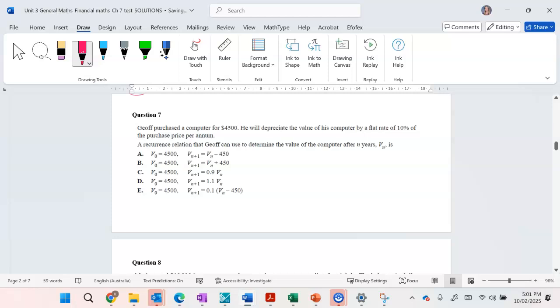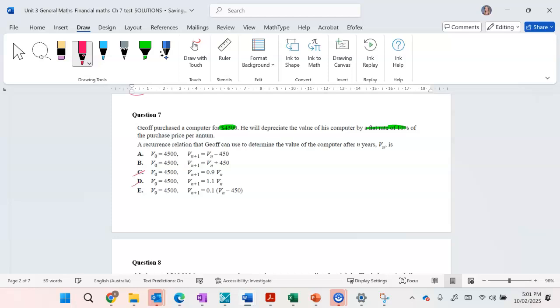Jeff purchased a computer for $4,500. He will depreciate the value of his computer by a flat rate of 10% of the purchase price per annum, a recurrence relation that Jeff can use. Okay, so we want to start off with 4,500, which they all do. So let's eliminate anything that is not a flat rate.